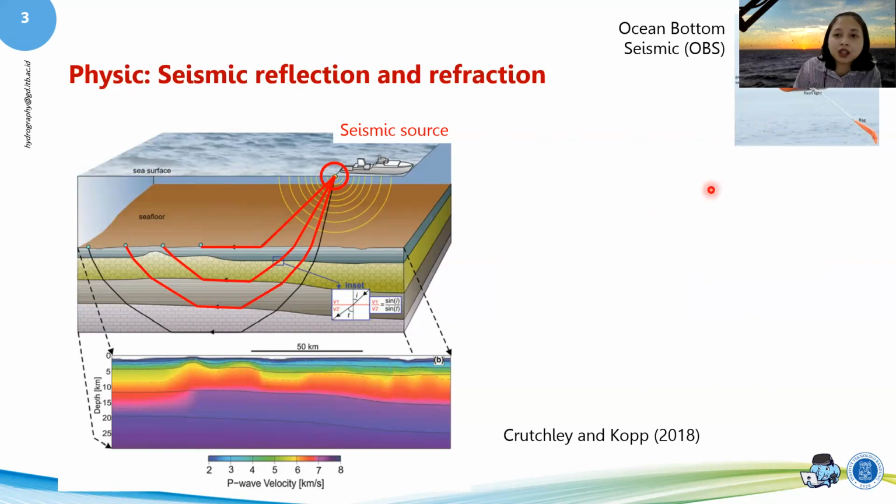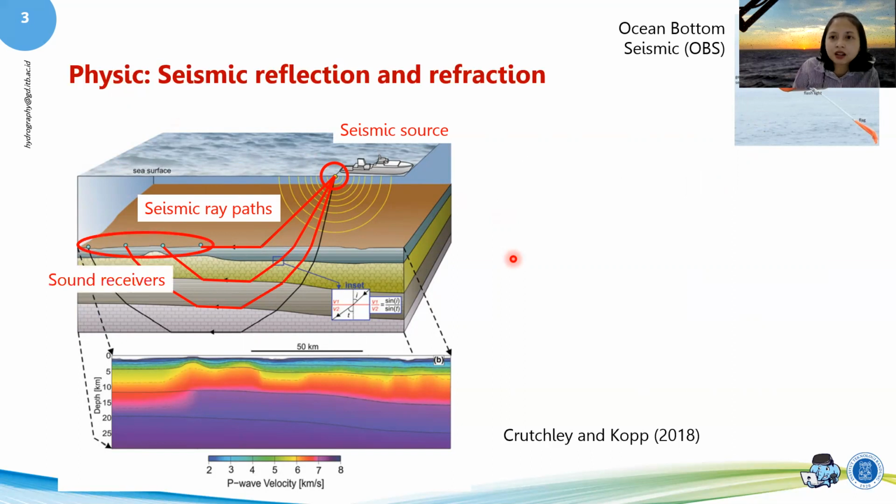So these are actually the phones. And this is, again, the ray path. So instead of being reflected, it got refracted through the layers and then back again. I'm going to give you the physics afterwards, but basically these are the sound receivers. Sometimes you can have the sound receivers towed behind as well for refraction.